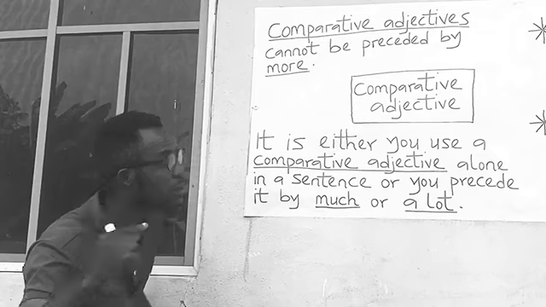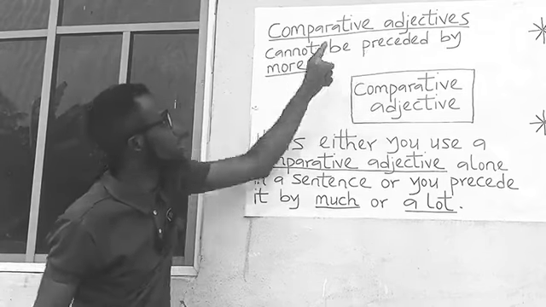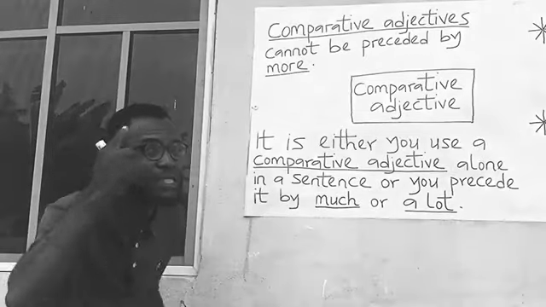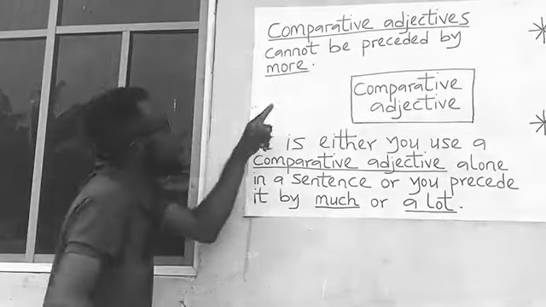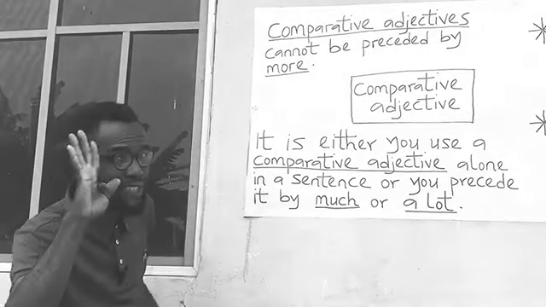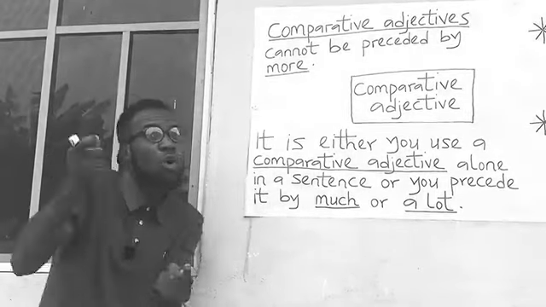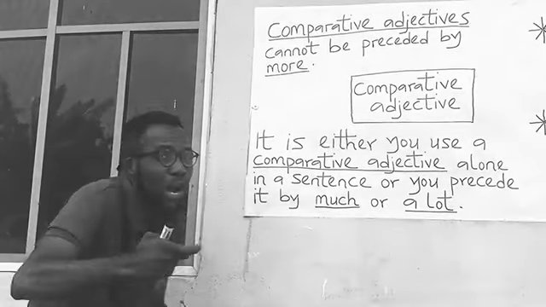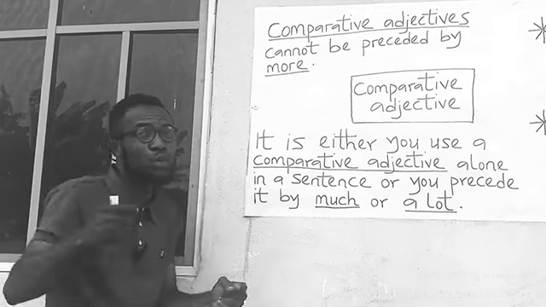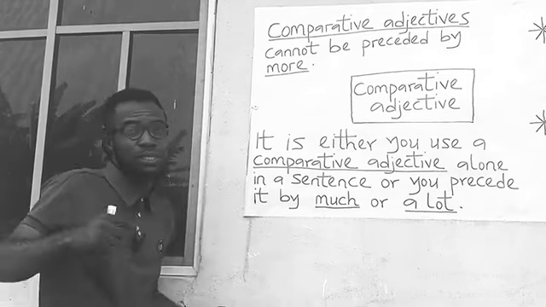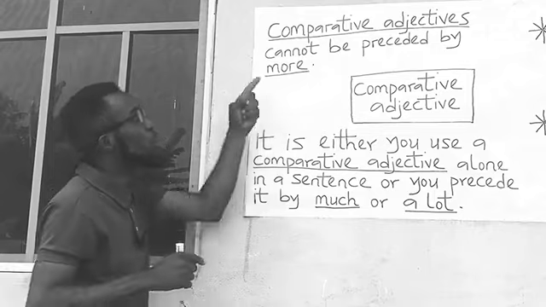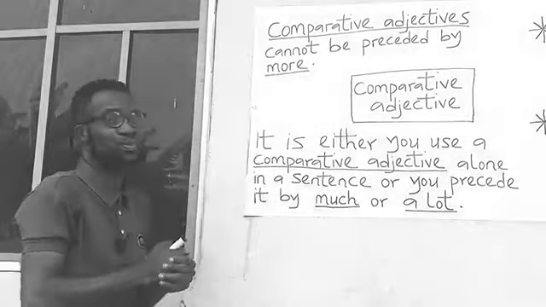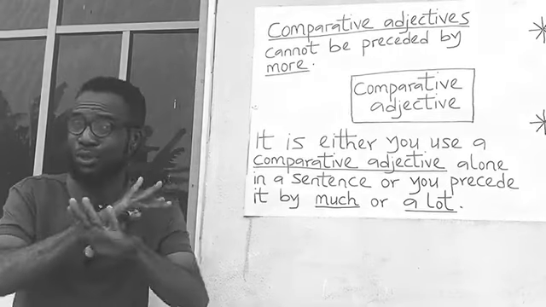Please note that comparative adjectives cannot be preceded by more. The reason is that more is comparative in nature. Using it with a comparative adjective results in what I call a tautology. It is tautological. I know you still don't understand.